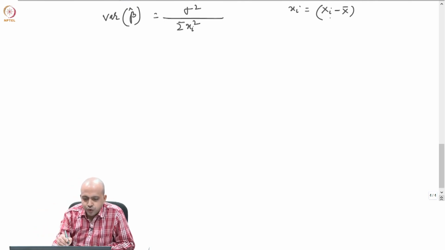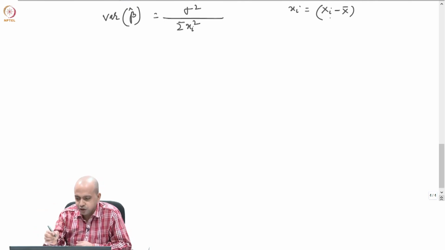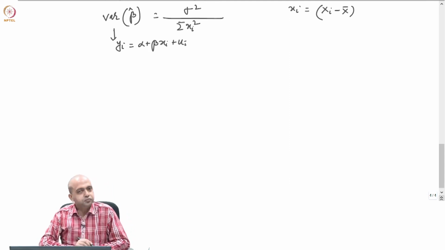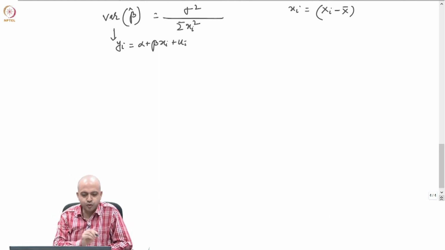Okay. So, when your model involves only one explanatory variable, that means this is applicable when your model is yi equals alpha plus beta xi plus ui. So, this is the variance formula when you have only one explanatory variable on the right hand side.